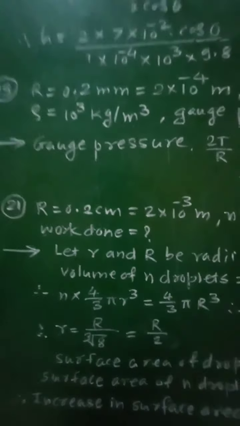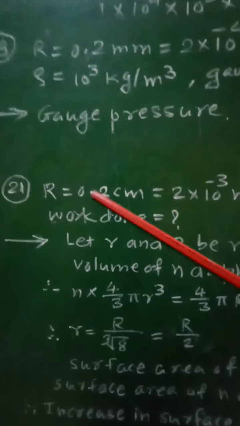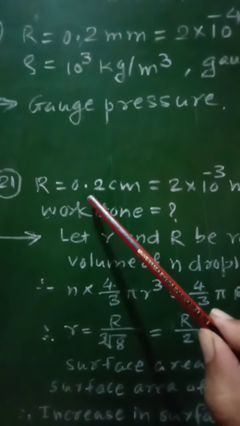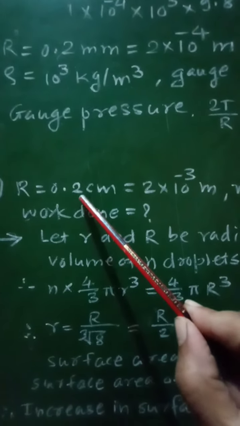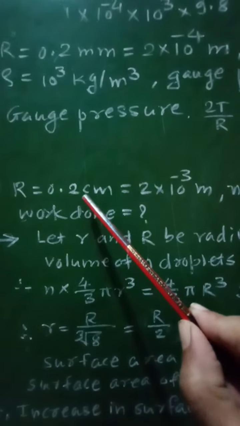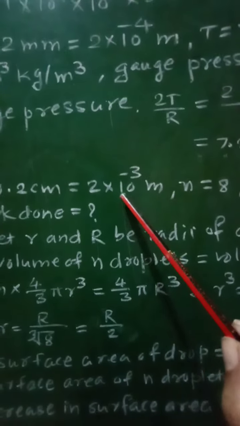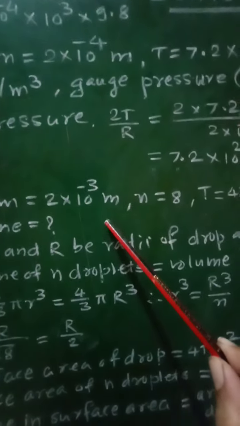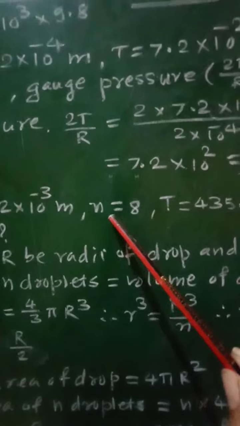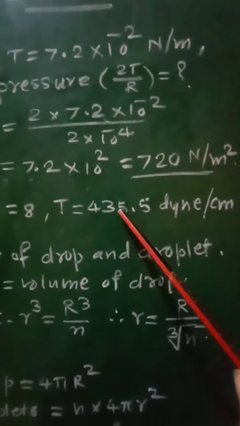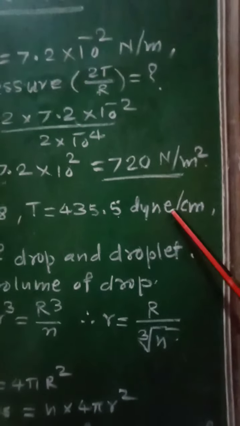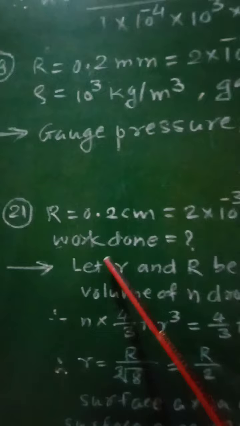And therefore, in this case, radius of drop, that is capital R, equal to 0.2 centimeter, which will be written as 0.2 into 10 raised to minus 2 or 2 into 10 raised to minus 3 meter. Then number of droplets n is equal to 8. Surface tension T is equal to 435.5 dyne per centimeter. And we have to find out the work done.